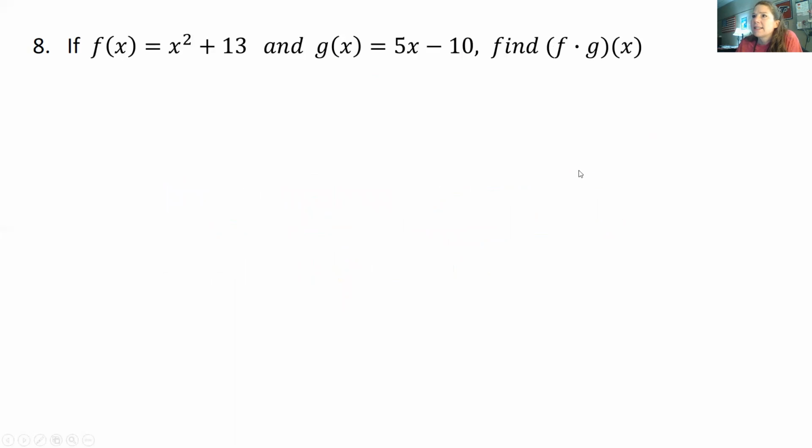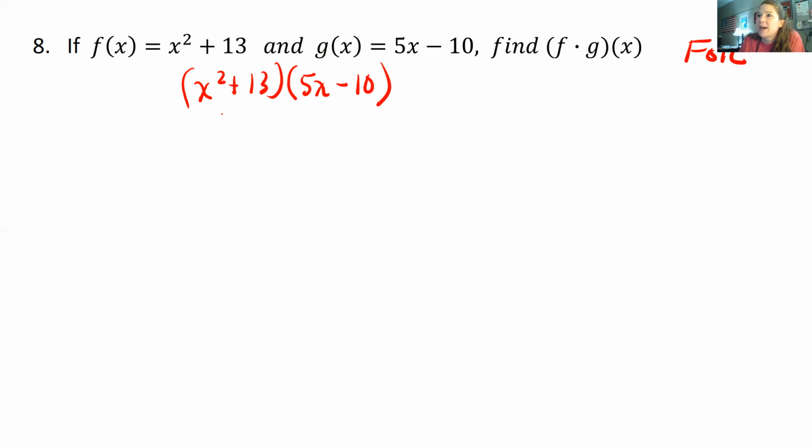Number 8. This time it says if f of x is equal to x squared plus 13 and g of x is equal to 5x minus 10, we're going to find f times g of x. So this time we are multiplying x squared plus 13 times 5x minus 10. So we're going to FOIL. We're going to multiply our first two.